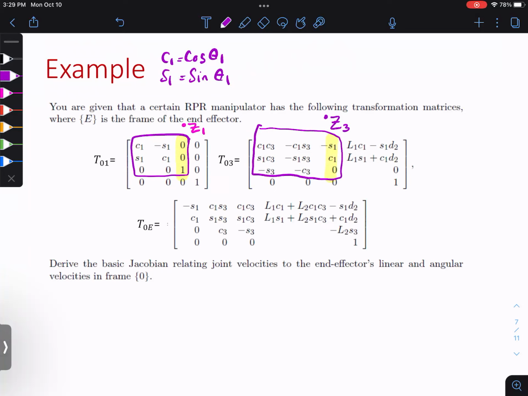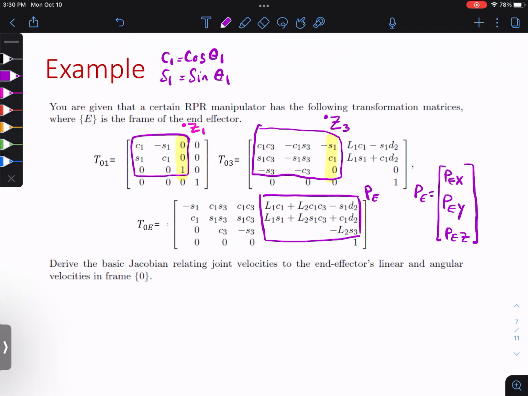And for this one, that's the Z of the end effector. And we have the position of the end effector. This is your P, or position of the end effector. I'm going to say PE. PE is PE X position, PE Y position, PE Z position.